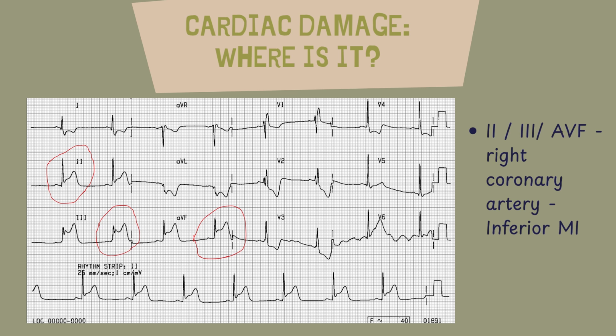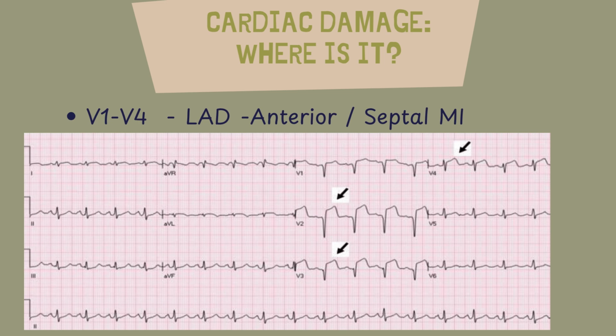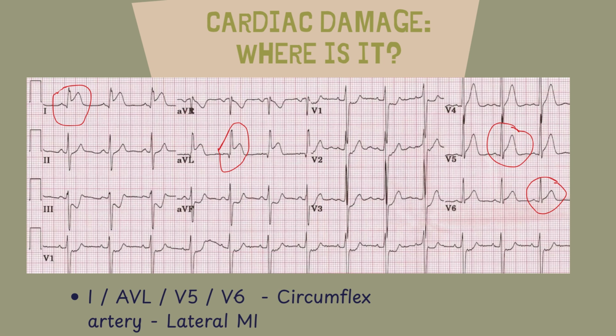Think inferior MI. If we have ST elevation in V1 through V4, that's our left anterior descending. Think anterior or septal MI. If we have ST elevation in lead 1, aVL, V5, or V6, that's our circumflex artery. Think lateral MI. The more areas involved, the larger and more dangerous the infarction.